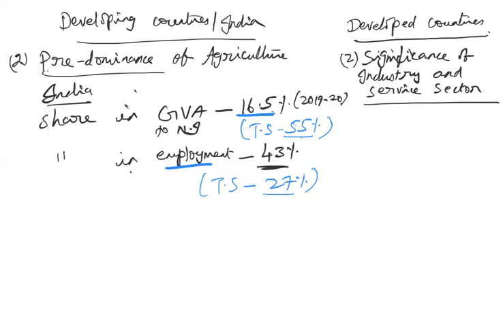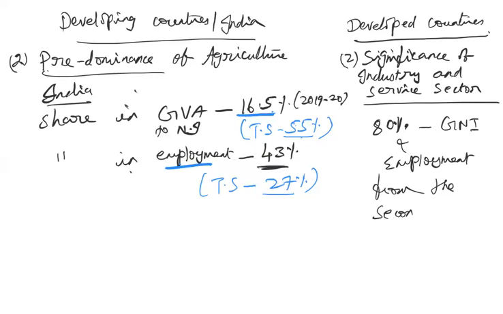When you see the dominance of the tertiary sector in most of the developed countries, 80% of their contribution, both to the national income as well as employment, is from the secondary and tertiary sectors, and only 1% to 2% is from the primary sector.